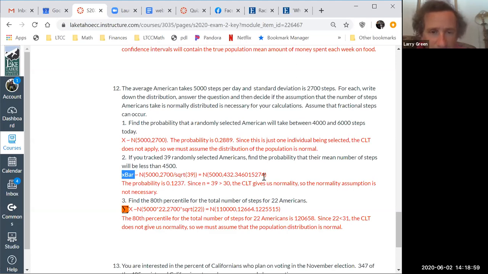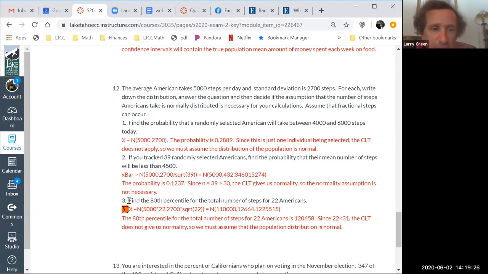And I get this number, pop it in the calculator, I get 0.1237. Okay, notice that 39 is bigger than 30. So that means the central limit theorem does apply and the normality assumption was not necessary. Any questions on part 2?